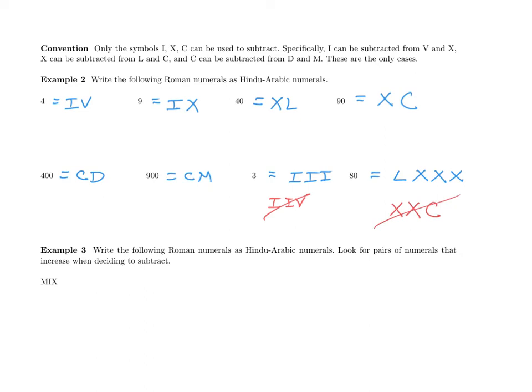Let's try this convention out in example 3. We will convert Roman numerals into a base 10 numeral. But let's be on the lookout for pairs of numerals that increase, and we'll use that when we decide to subtract. So here I have MIX. So here this is 1,000, then it drops down to 1 and goes up to 10. And here we have 2 numerals next to each other that are increasing.